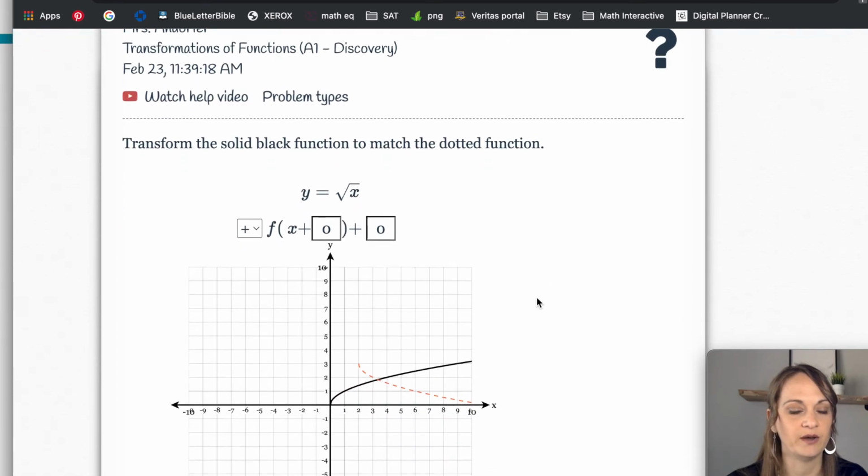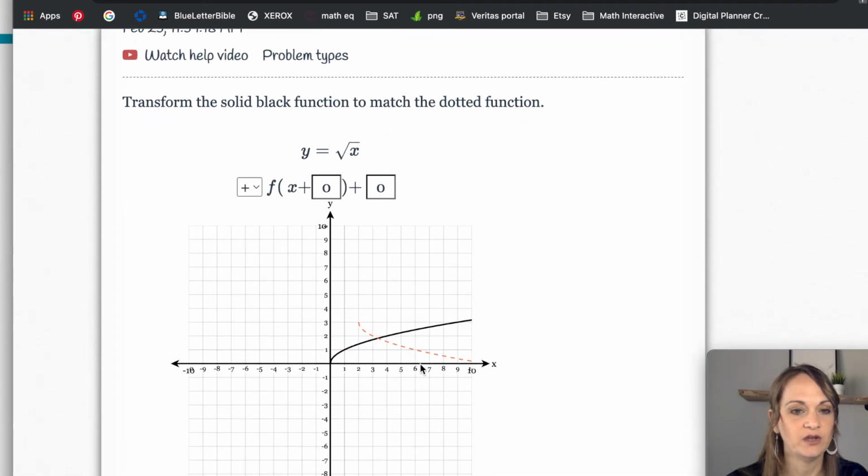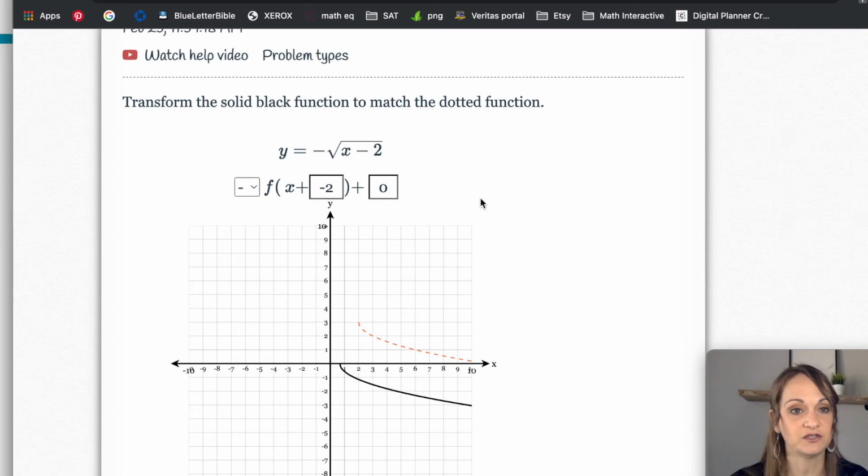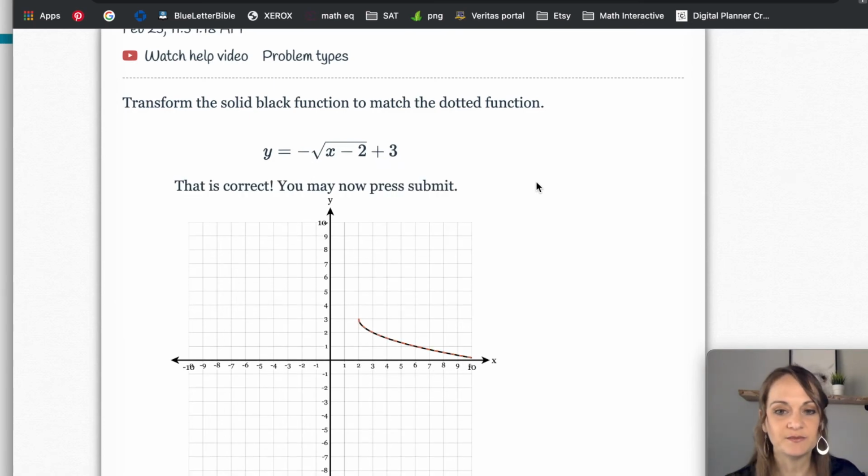And again, one more. We notice that it did reflect, so it is a negative. It moved right 2, so it should be the opposite. It moved to the positive 2, which means you need to put in a negative 2, which is why that becomes x minus 2, because it went to the right. It's the opposite. And then it went up 3, so I put in a positive 3 for going up, and it does match the new transformation.